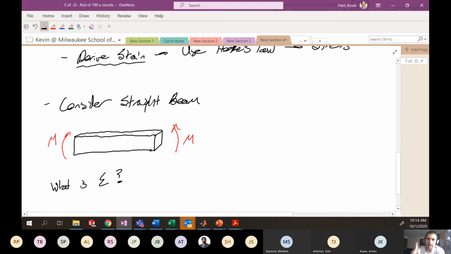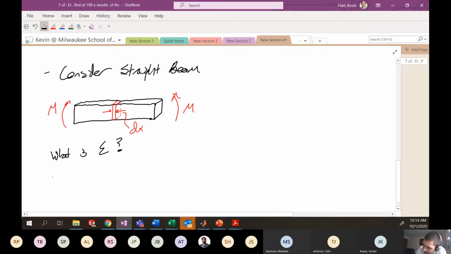I'm going to look at one differential element, one small slice of that bar, which is sort of here. And let's say that this particular slice has some differential length dx.